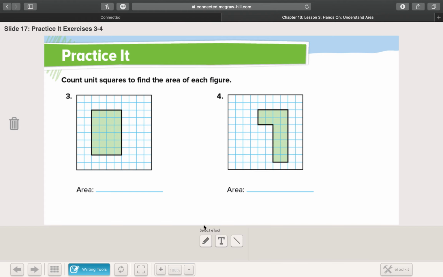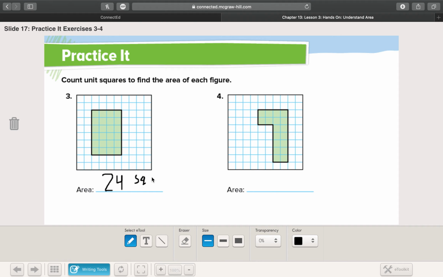Wow. Same as the last one. It's 24. 24 what? 24 square units, you could just do SQ units. What about this one?